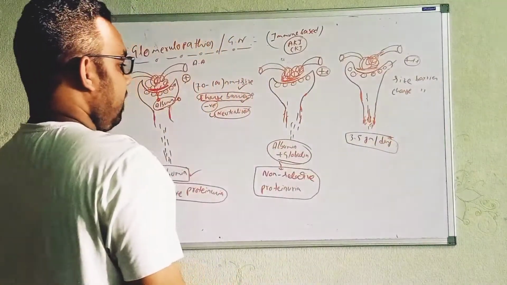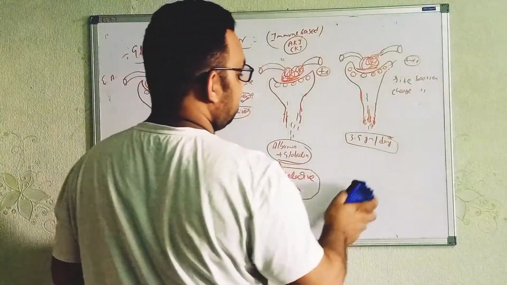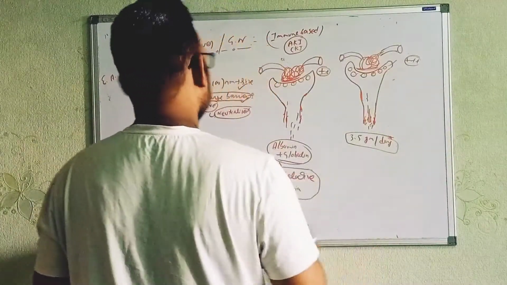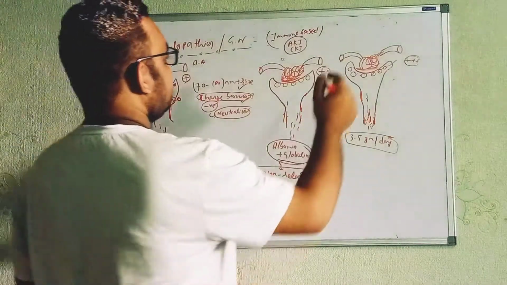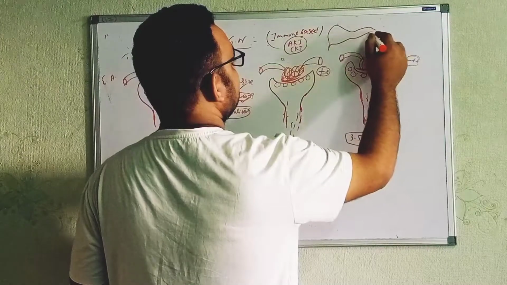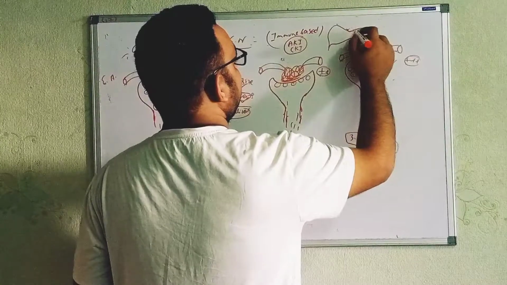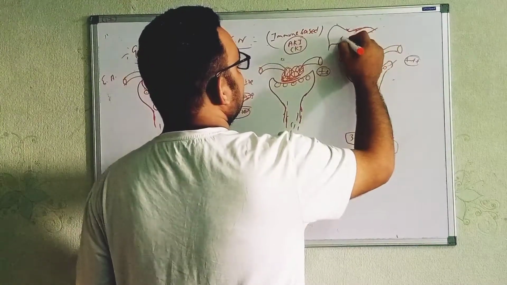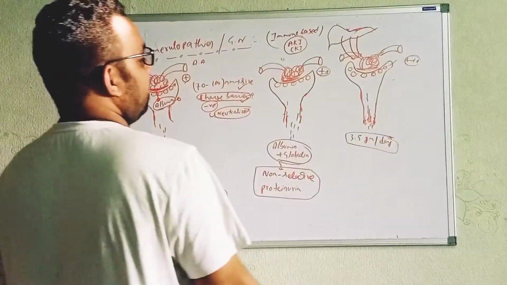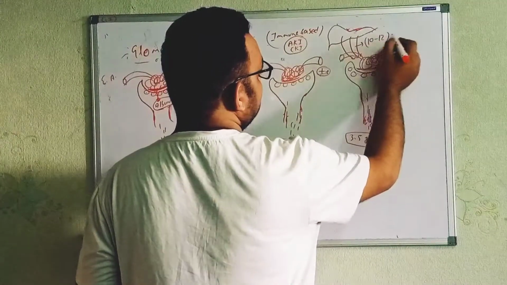Okay. Now the one basic question here is, this 3.5 gram per day protein is coming within the urine. Then we can think that in our body, the liver will try to compensate by producing proteins. The liver produces around 10 to 12 gram per day.